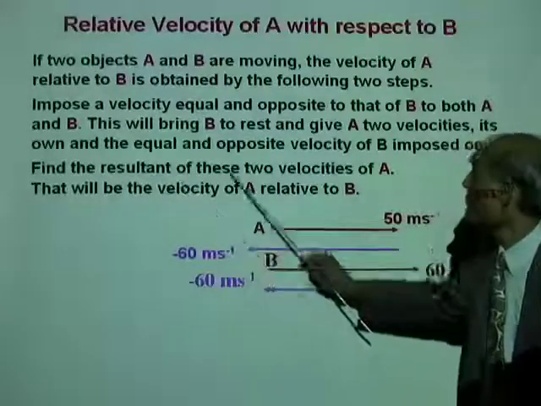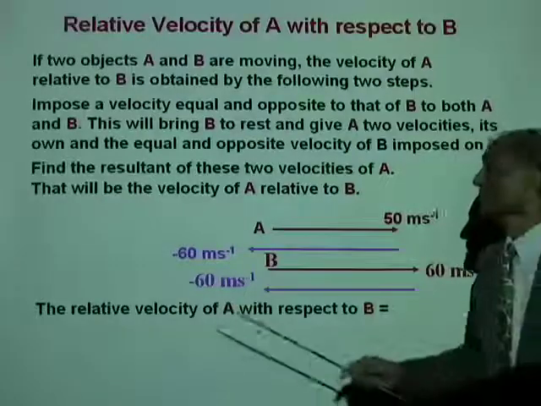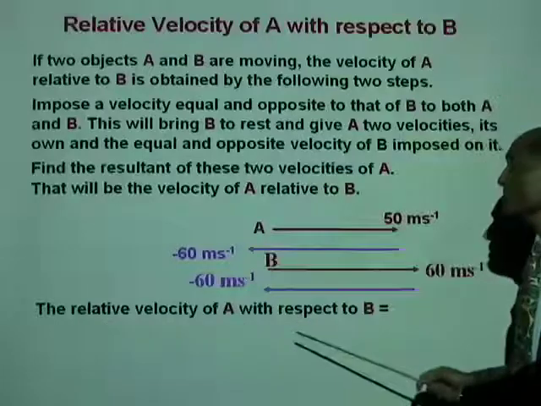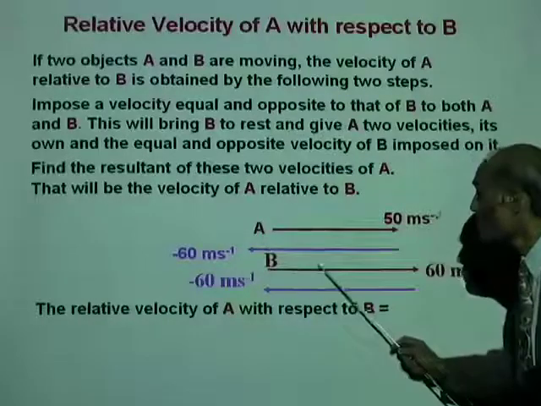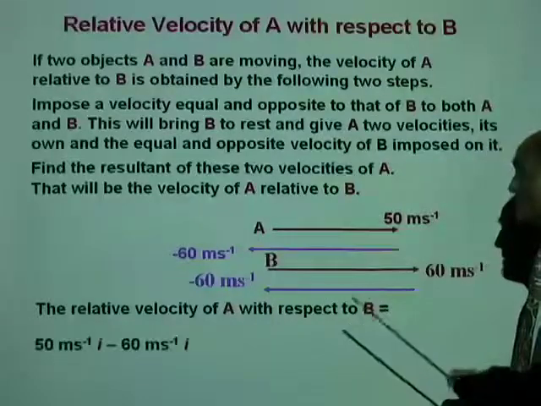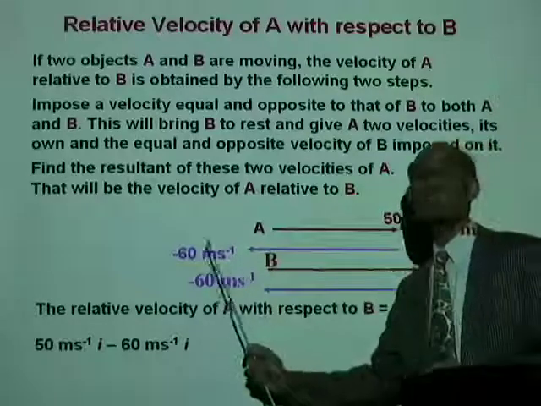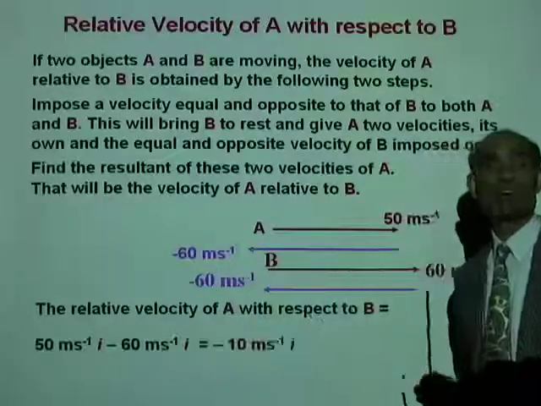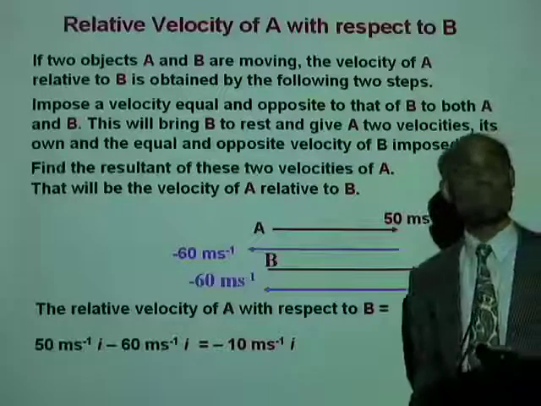So then find the resultant of the velocities of A and B. The relative velocity of A with respect to B is now the resultant of these two velocities. That will be 50 meters per second i minus 60 meters per second i, that is negative 10 meters per second i.